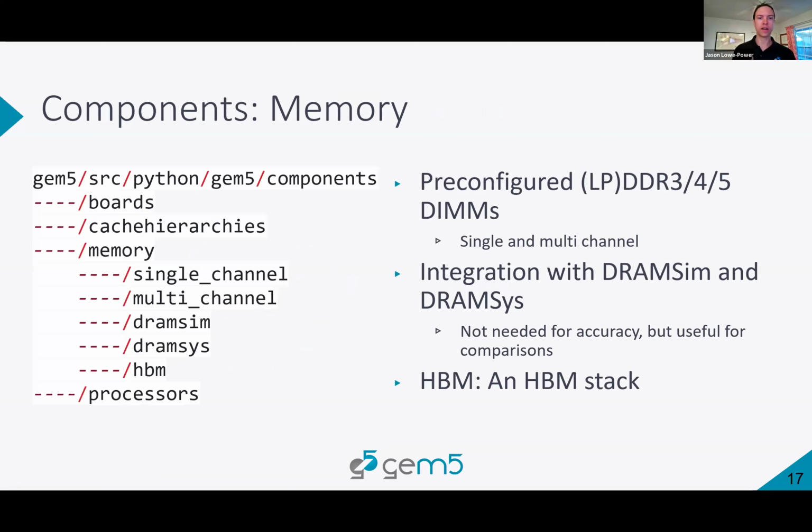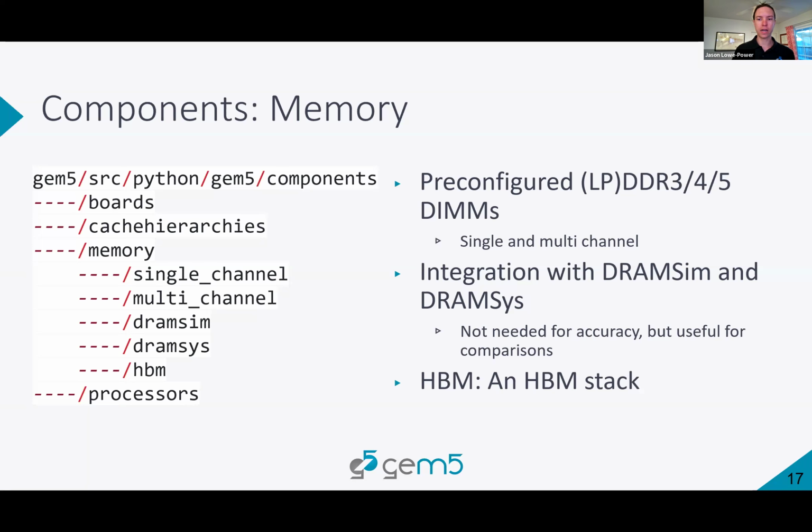Okay, so that's about cache hierarchies. We also have a bunch of memory components. These are pre-configured, both LPDDR and DDR3, 4, and 5 DIMMs with single channel and multi-channel setups. There's also integration with other DRAM models like DRAMSim and DRAMSys.